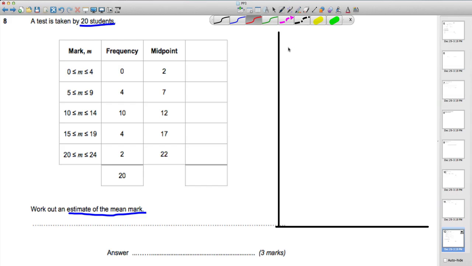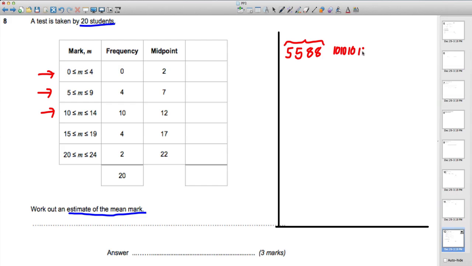So let's say one person got 5, one person got another 5, and then there was 2 8s, let's say. Okay? Let's say to represent that. And here, no people got that. Here, 10 people got between 10 and 14. So there were 10 people, say there was 10, 10, 10, 11, 11, and 14, etc. like that. Imagine there was 10 of those people, etc.